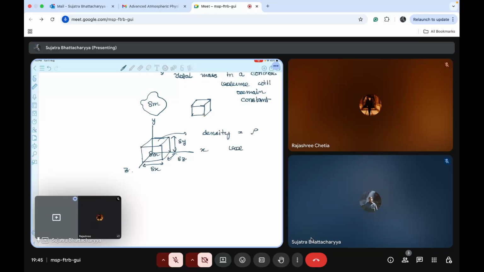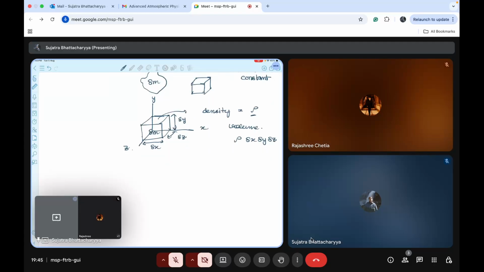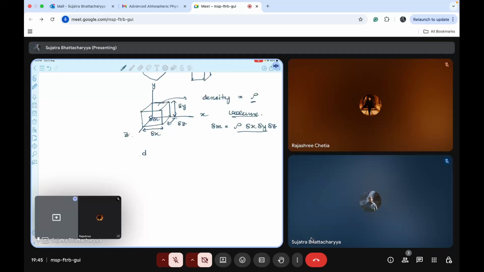So the mass will be rho delta x delta y delta z. The entire space has density rho, and with the volume multiplied, this becomes your delta M. Now I will try to see how the total rate of change of mass is changing. I know that the conservation equation shows that d/dt of delta M is always zero. Mass is not changing, it remains constant, right?